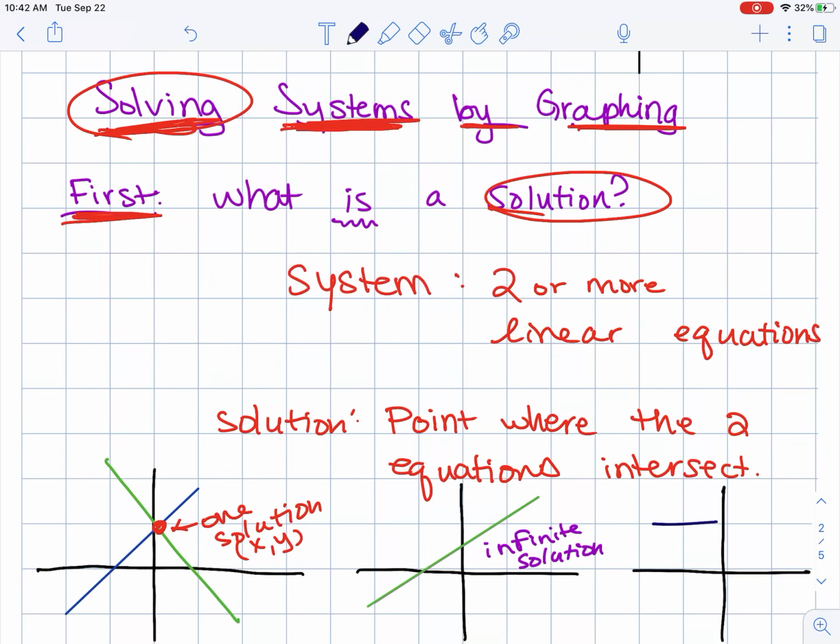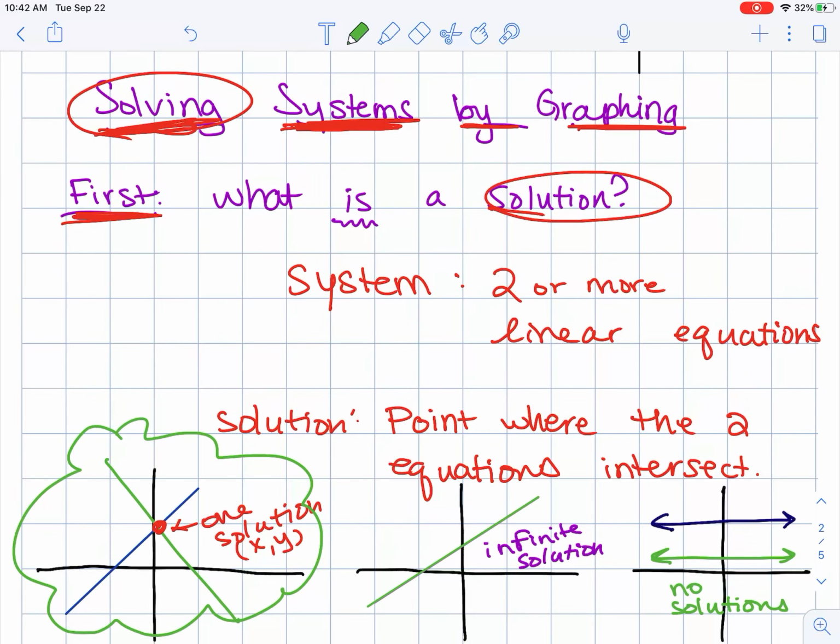And the last one is, what if I have this and a parallel line to it? These will never intersect, so these have no solutions. Okay, so not every system will have a solution, and sometimes systems have infinite solutions, but most of the time, this is what we're going to be dealing with when we're looking for an intersection of the solution.